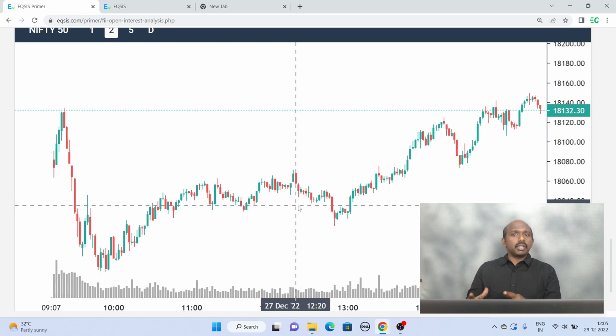But we didn't expect a strong free fall, because the likely area where we expected the market to expire this week is anywhere between 18,000 and 17,900. So we wanted to form a strategy which optimized that particular area, because there is a domestic weakness.